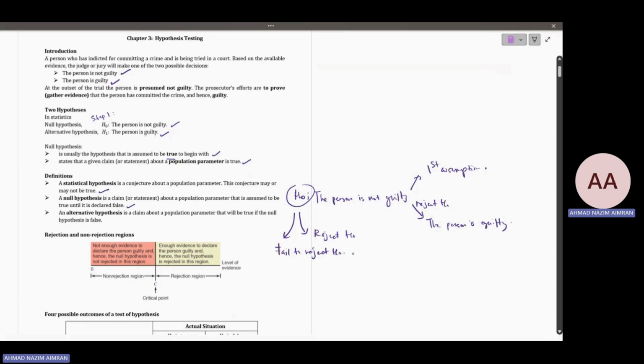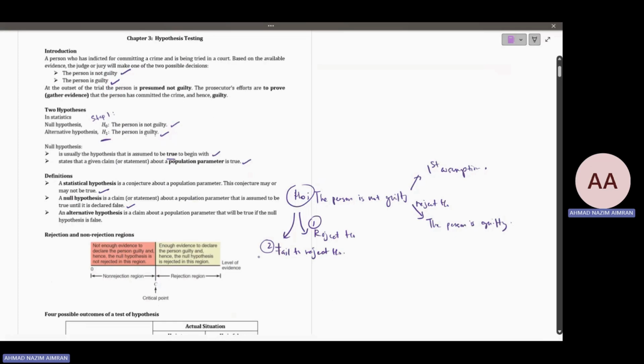In hypothesis testing, we don't say things like we accept the alternative hypothesis, or we reject the alternative hypothesis. We don't say things like that. It is only to reject the null hypothesis or fail to reject the null hypothesis. I hope it is clear.